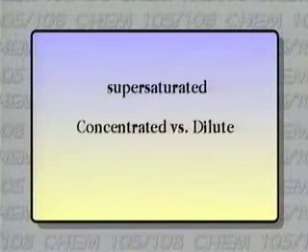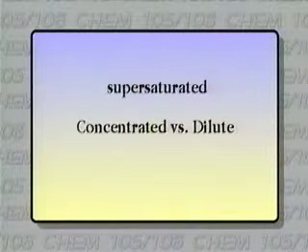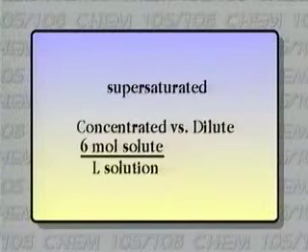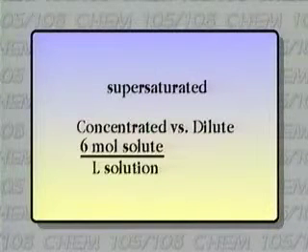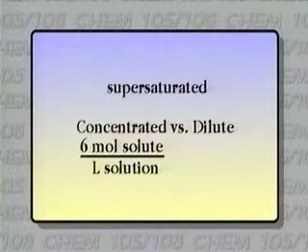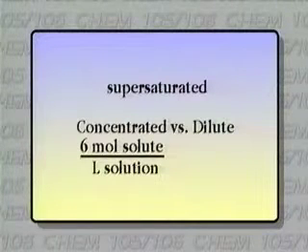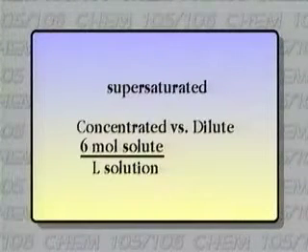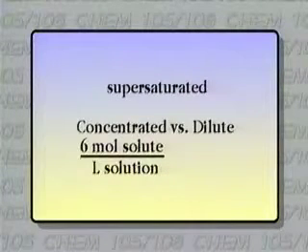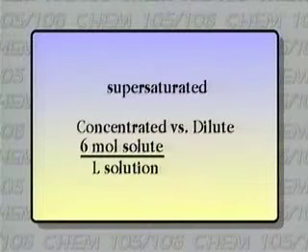For these two, again, we have some sort of definition. Concentrated in general implies that we have at least 6 moles. We've talked about the mole as our basic unit of measurement. 6 moles of solute in a liter of solution. If we have at least that amount, we say that the solution is concentrated. All that really means is that we have quite a bit of solute dissolved.